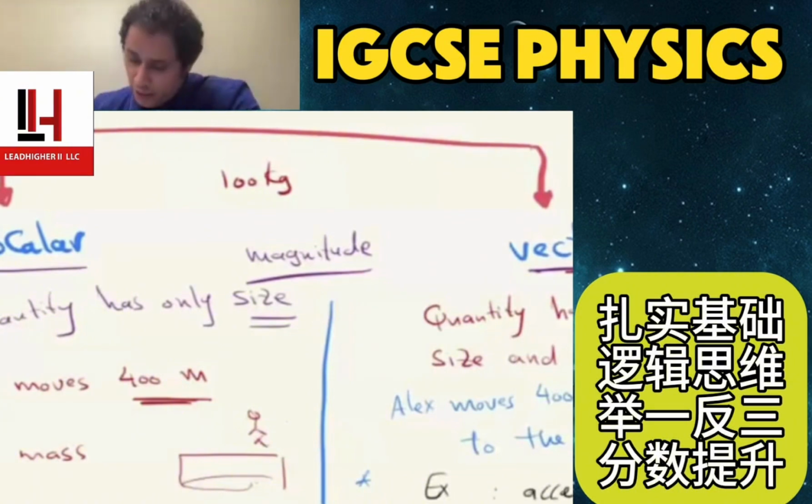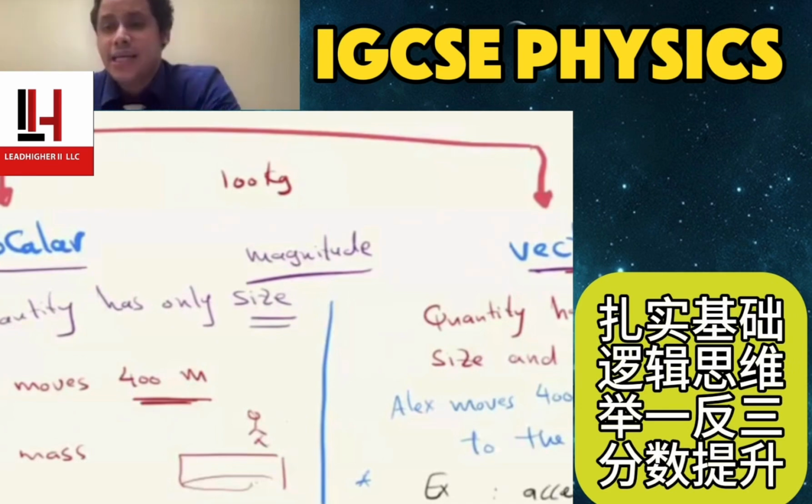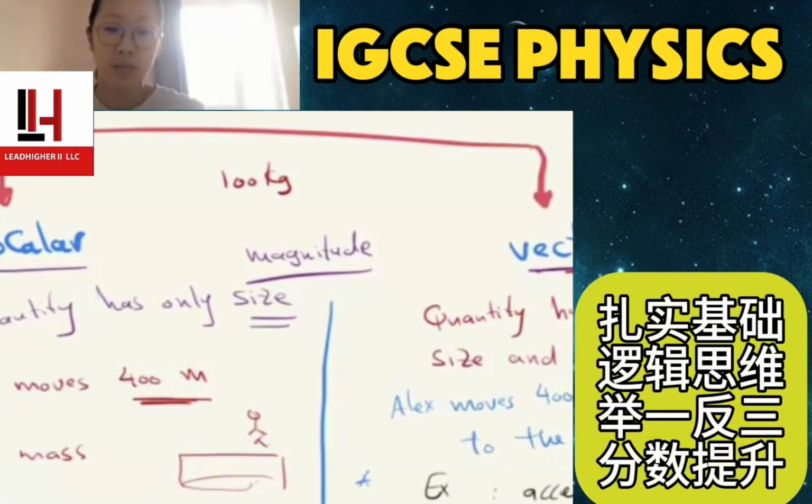Lucas, Fiona, what do you think about density? I'm not sure. Density of water. So what do you think? Scalar or vector? The water density is like density of water anywhere.